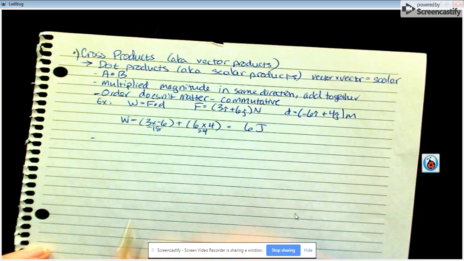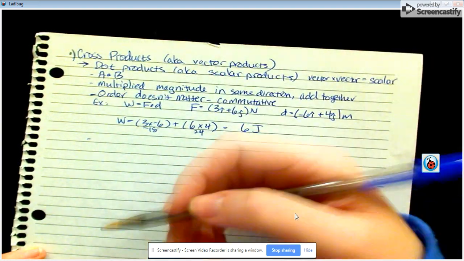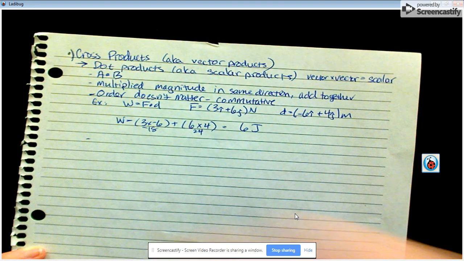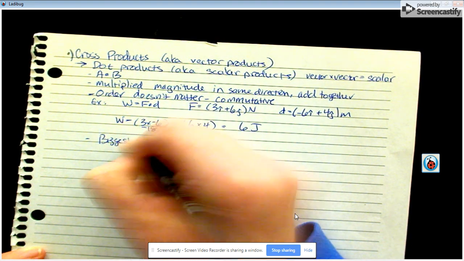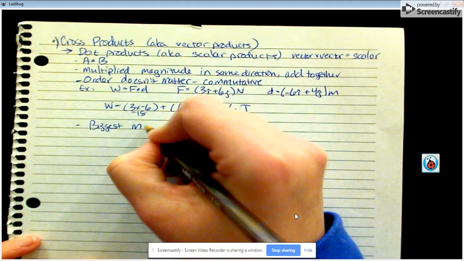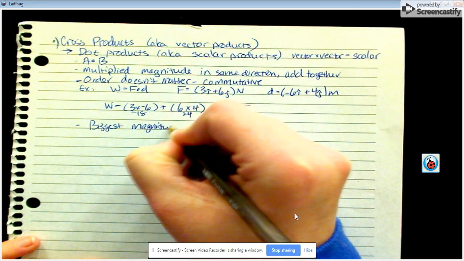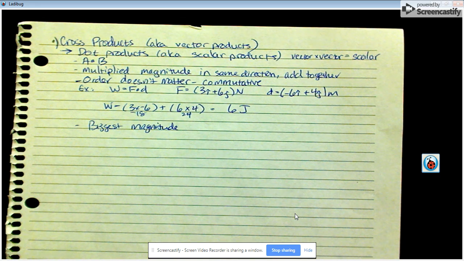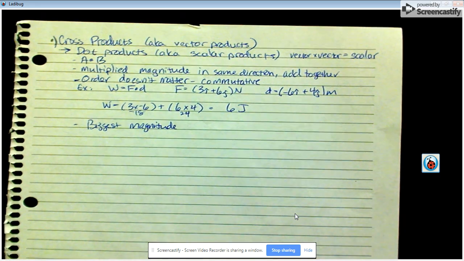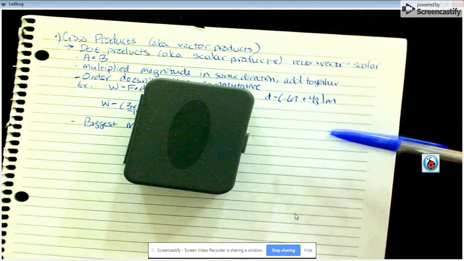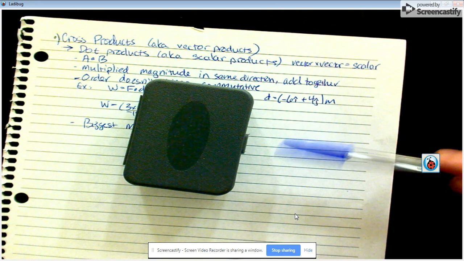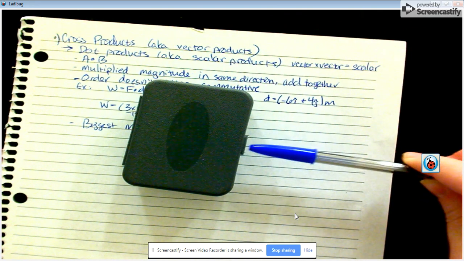And one other thing I want to add: you get the largest magnitude of your dot product, or the work, when... So our biggest magnitude. Okay, so if we have an object that we want to do work on, say this box, my force and the distance it moved, to do the most work, they should be parallel.